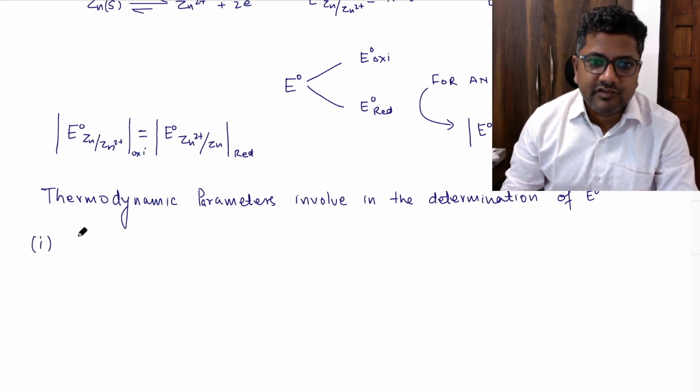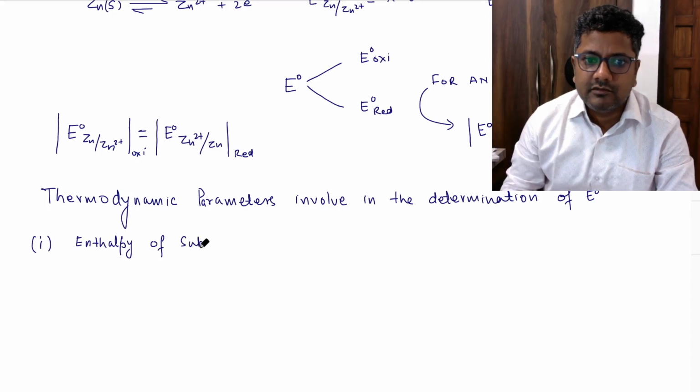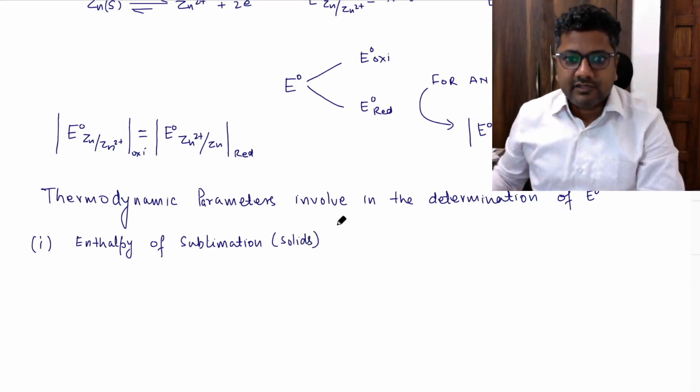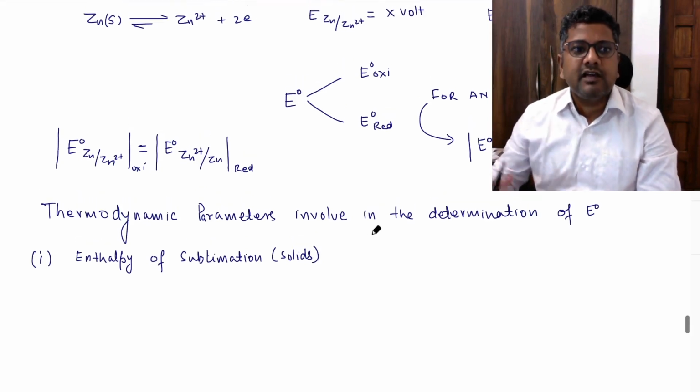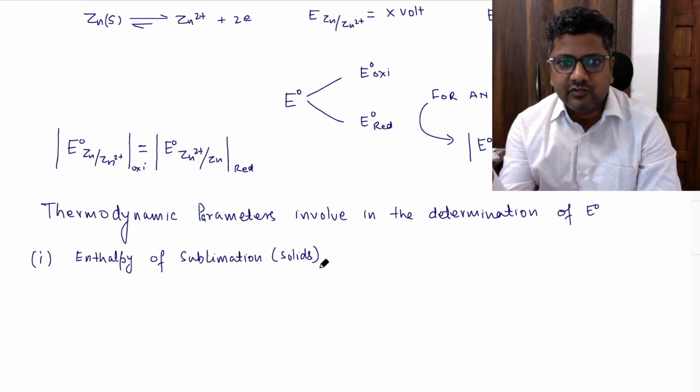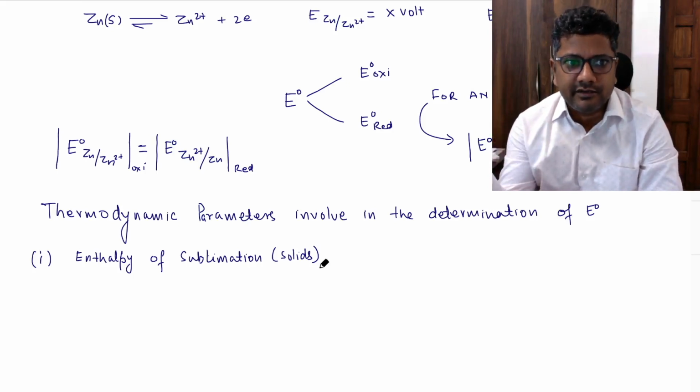So number one, enthalpy of sublimation for solids, right? Enthalpy of sublimation for solids, enthalpy of vaporization for liquids, and for gases there is no enthalpy of sublimation or vaporization.